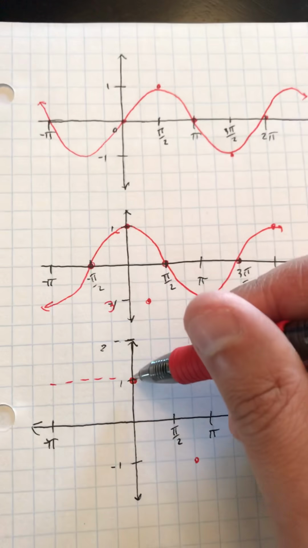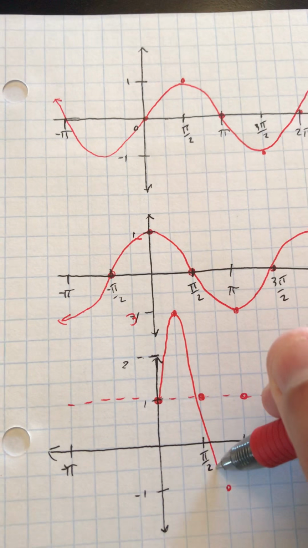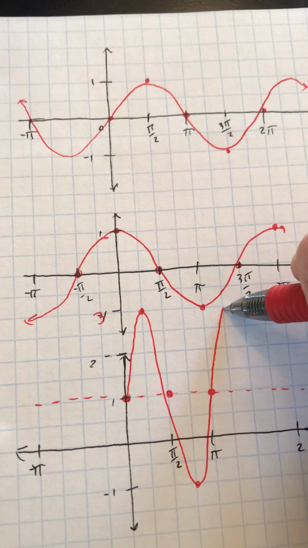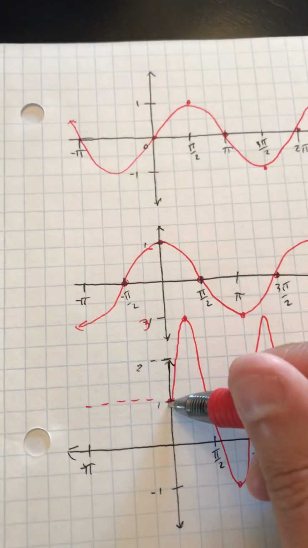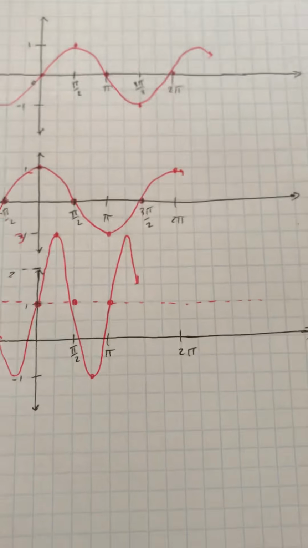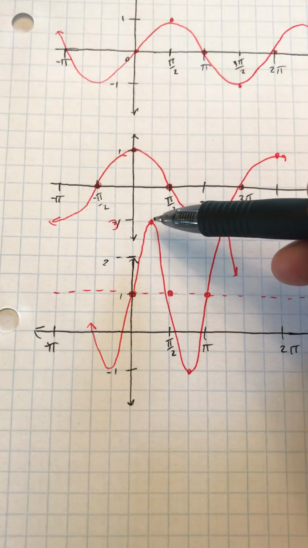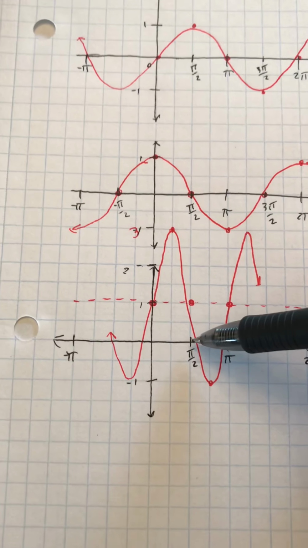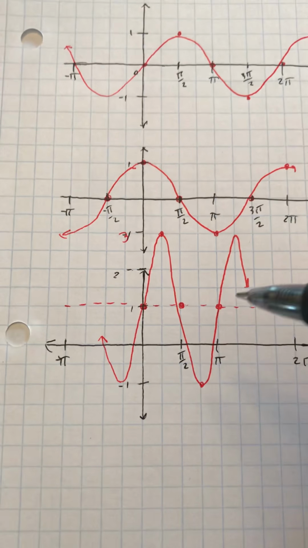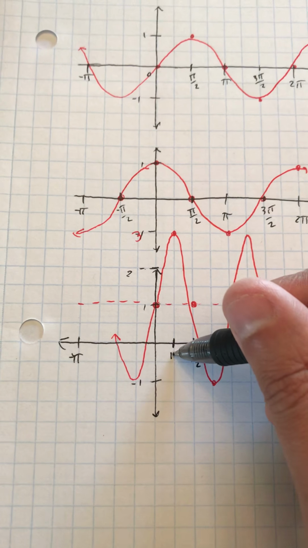And so my graph is going to look something like this. And it's going to kind of continue like that. Okay, now I'd really like you to have the other points here as well. Notice this is halfway between 0 and pi over 2. Half of pi over 2 is pi over 4, or 1/4 pi.